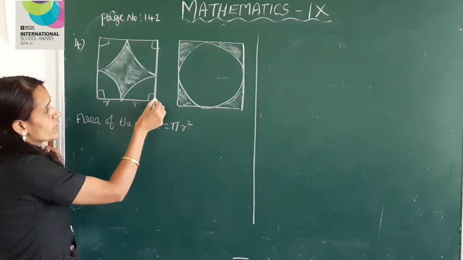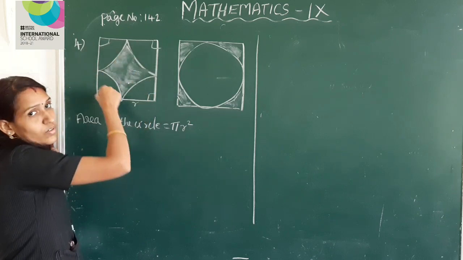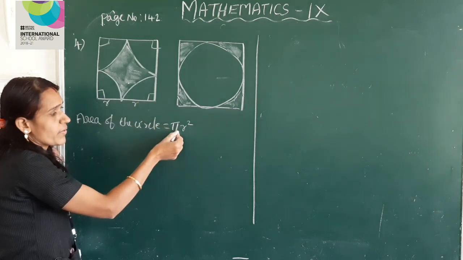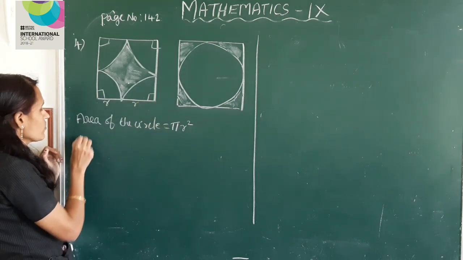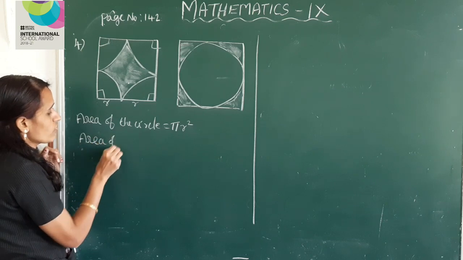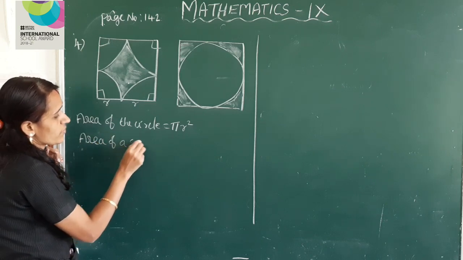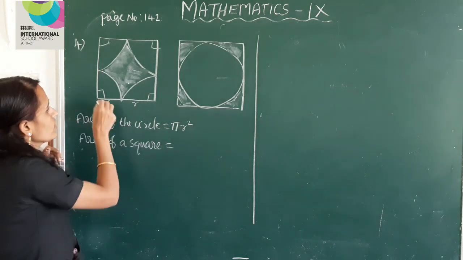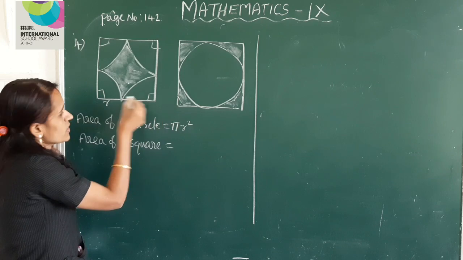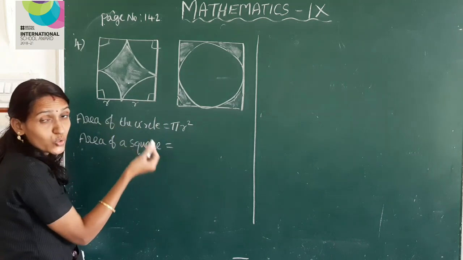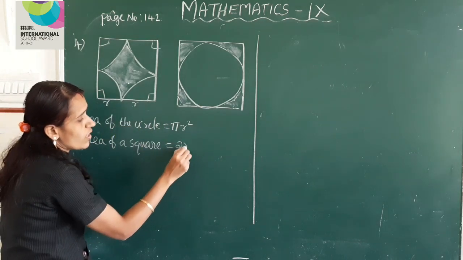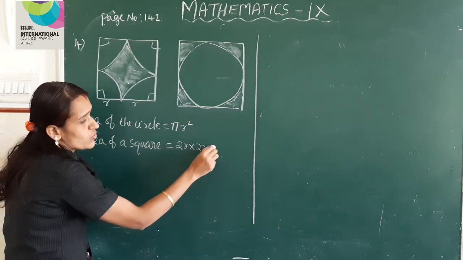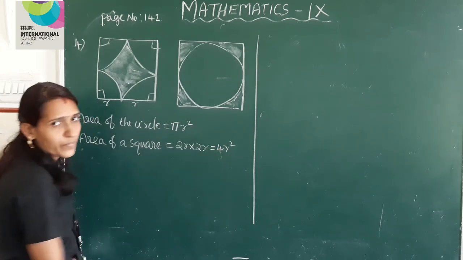Okay, now we get area of the unshaded portion. Okay, next we have to find area of a square. This is equal to one side of a square is r plus r, that is 2r. So 2r into 2r, side into side. 2r into 2r is 4r square.